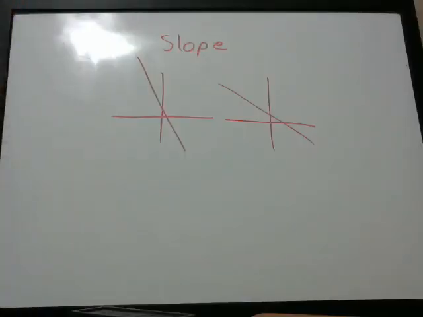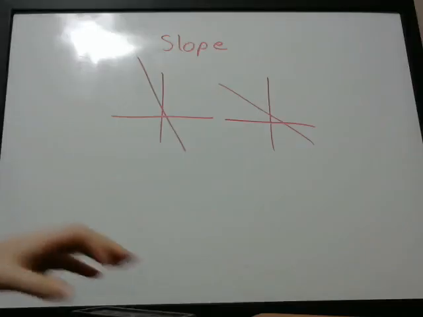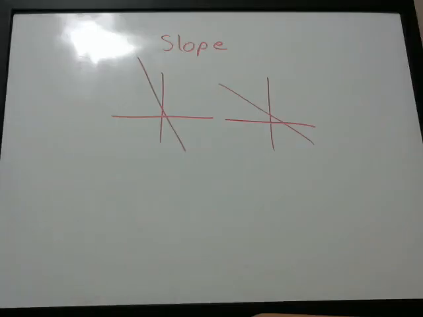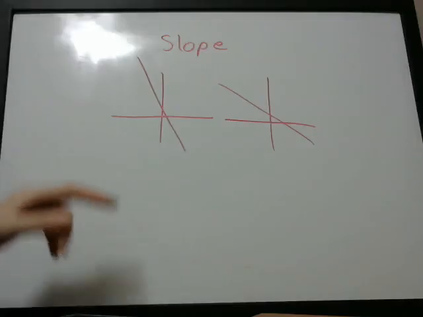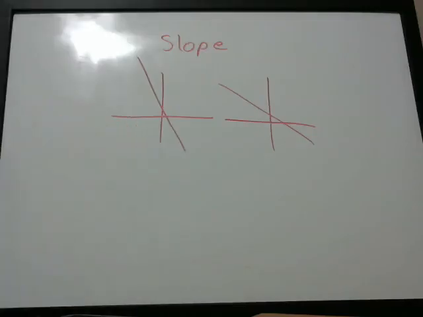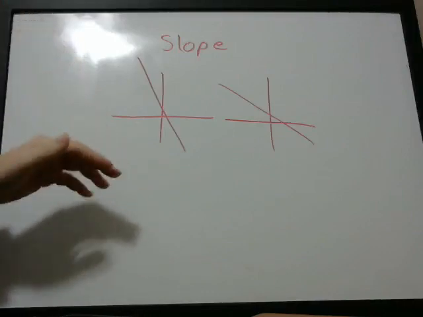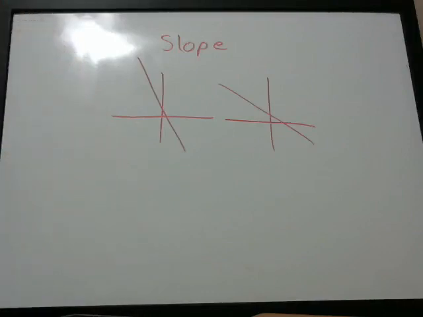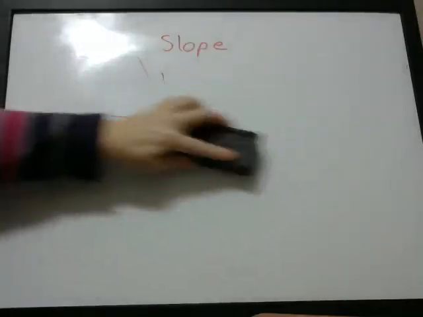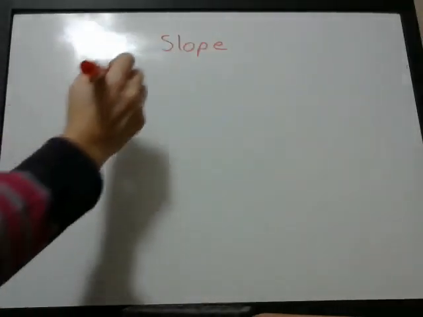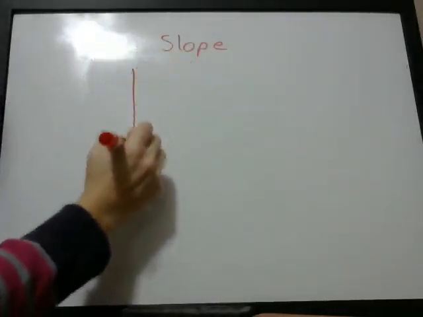Now the slope of a line is either going to be positive or negative. It's either going to be a positive number or it's going to be a negative number. And a quick way to know if it's going to be positive or negative is by thinking about it: is it going downhill or is it going uphill? So for example, again, I'm drawing these on a coordinate system.